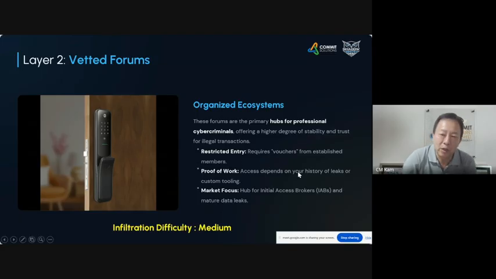Then you can even be invited to the forum. It's like a forum group used by cyber criminals, right? And they are actually market focused, right? So the infiltration rate is a bit more difficult. It's medium, because you don't get invited to such a forum openly. You are either recommended or things like that.